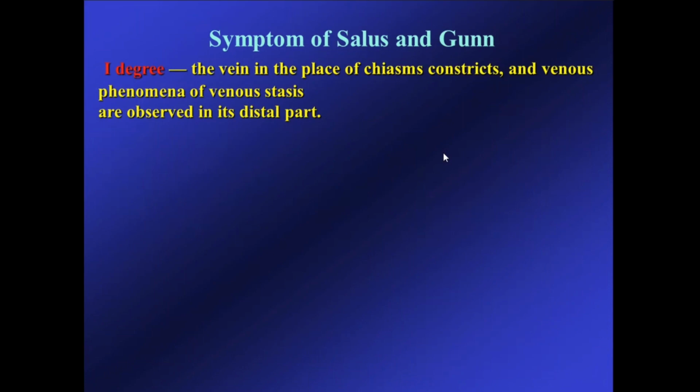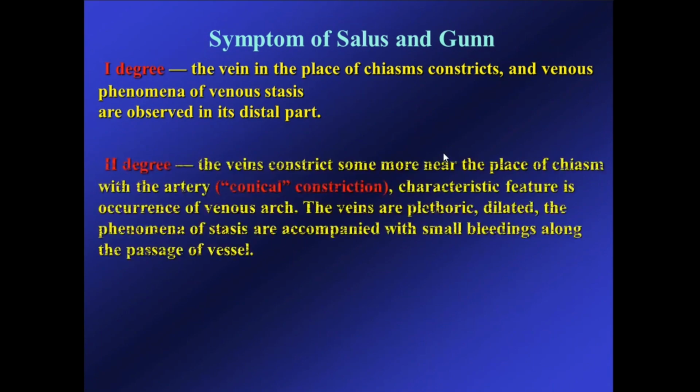And now we should discuss the symptoms of Salus and Gunn, which characterize the second stage of hypertensive changes of the fundus of the eye in arterial hypertension. The first degree, the vein in the place of chiasm constricts and venous phenomena of venostasis are observed in the distal part.